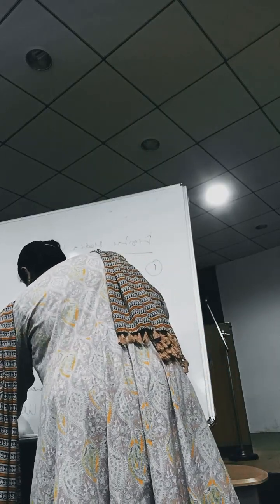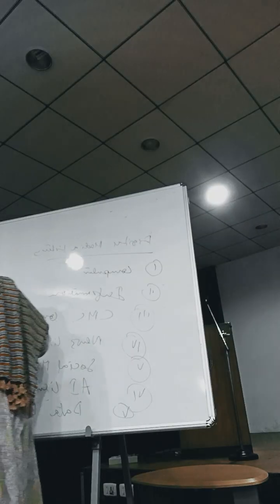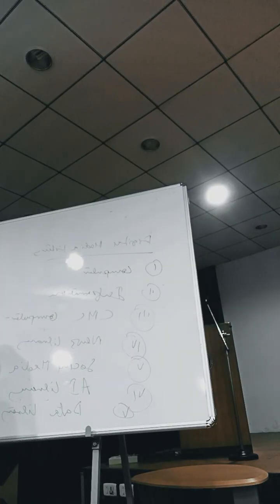Fifth one is social media literacy. Sixth one, AI literacy. Seven, data literacy. Eight, privacy literacy. Nine, visual literacy.